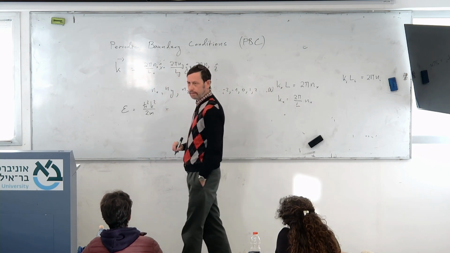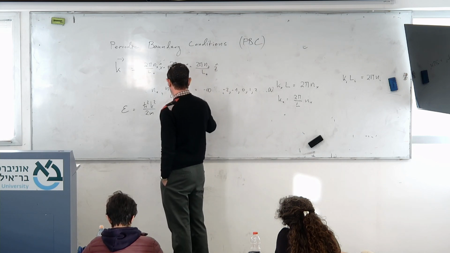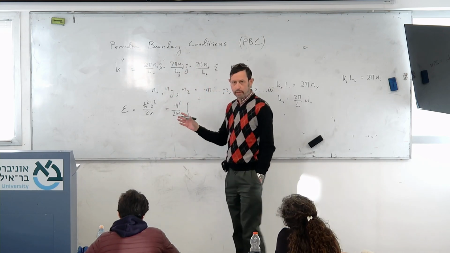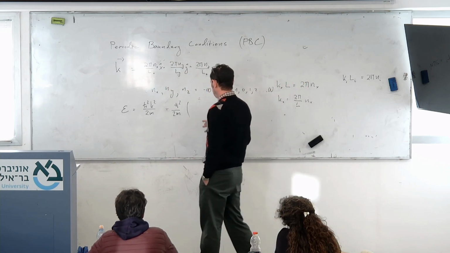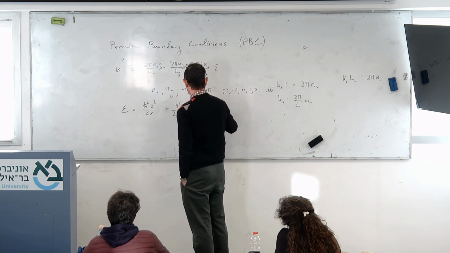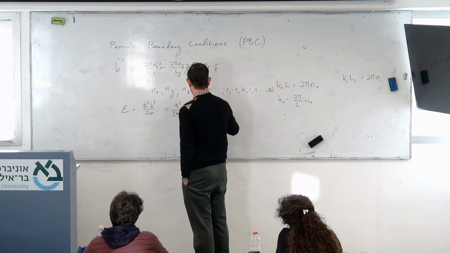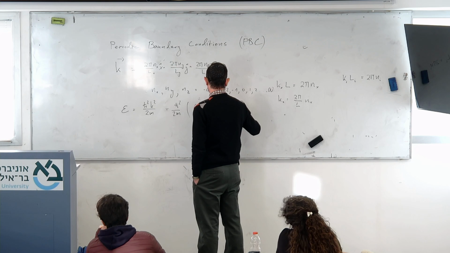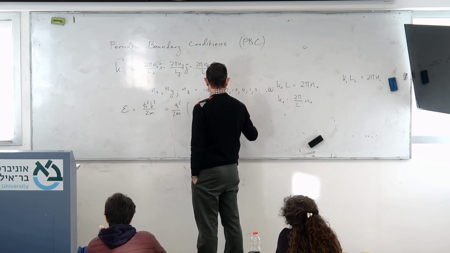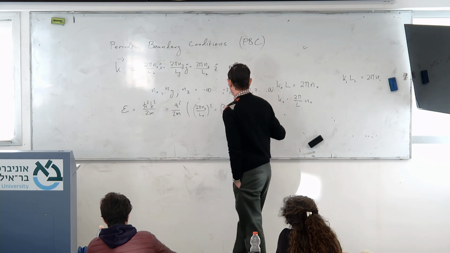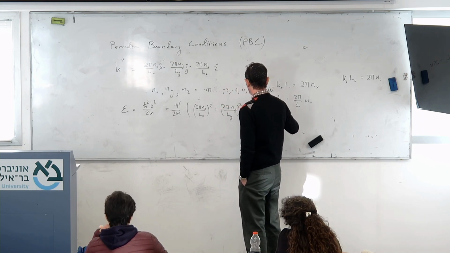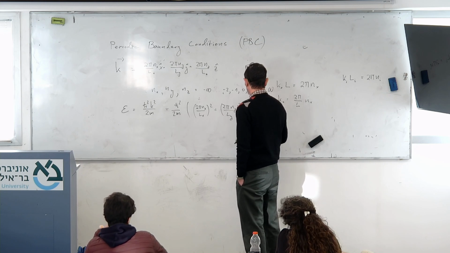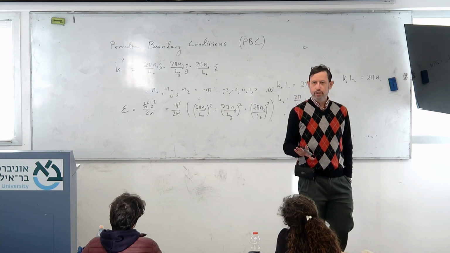Let me write it down explicitly. h bar squared over 2m, I'm pulling outside. These are the energies that I see.